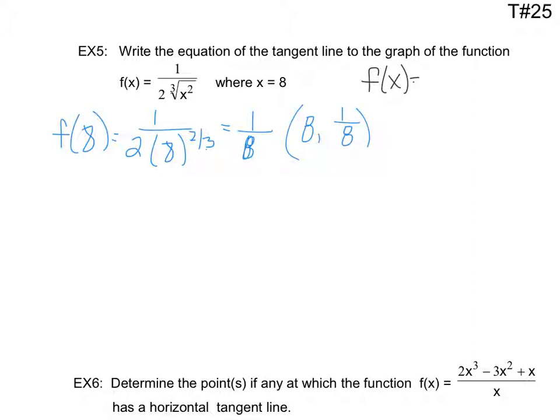And be careful because a lot of people put, oh, the 2's on bottom, so 2x to the negative 2/3. That's not right. The 1/2 does not change. So I need to make this one-half.